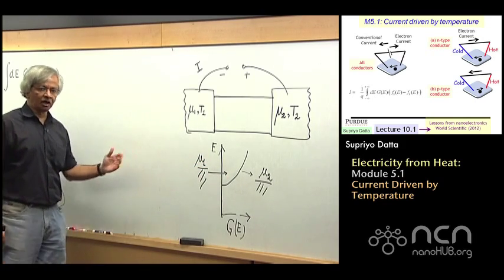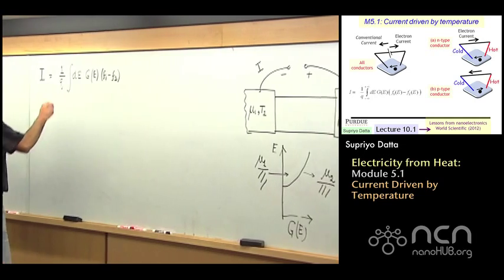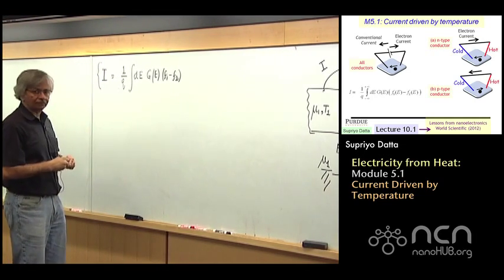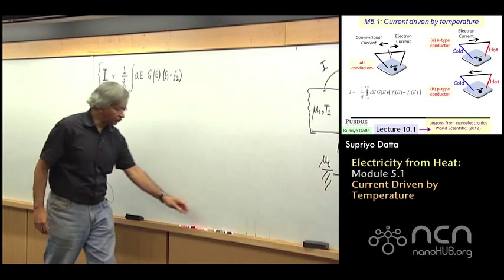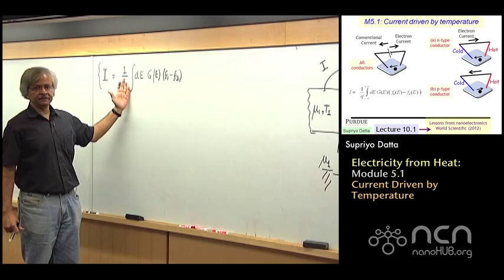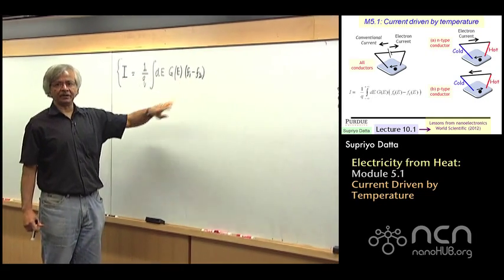And one of the things we saw was that the current can be described by a relation of this form here. This is what we worked out back in week 1, that current is proportional to F1 minus F2.